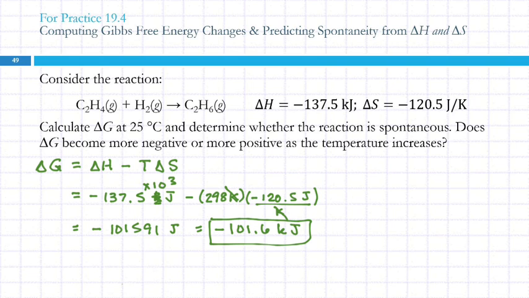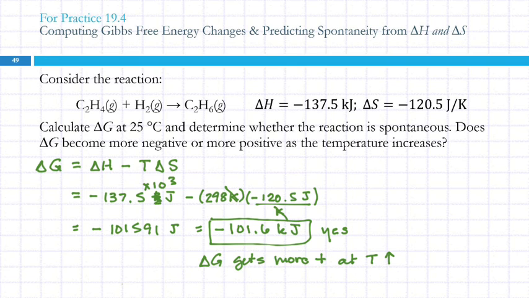Less spontaneous. Not confusing at all. Is it spontaneous? Yes, it is. Delta G gets more positive as T increases.